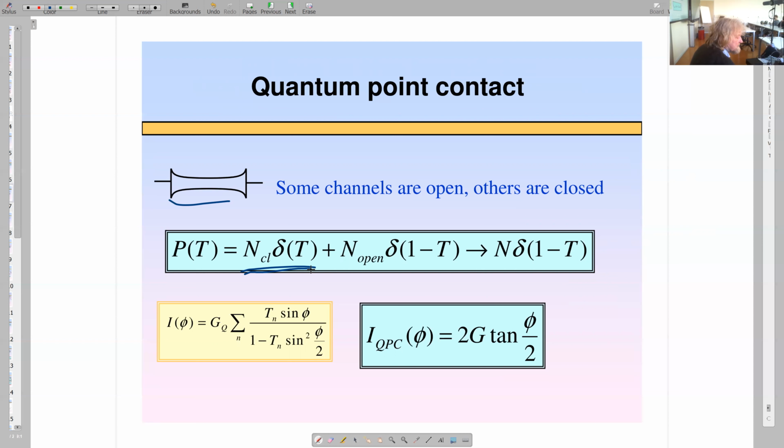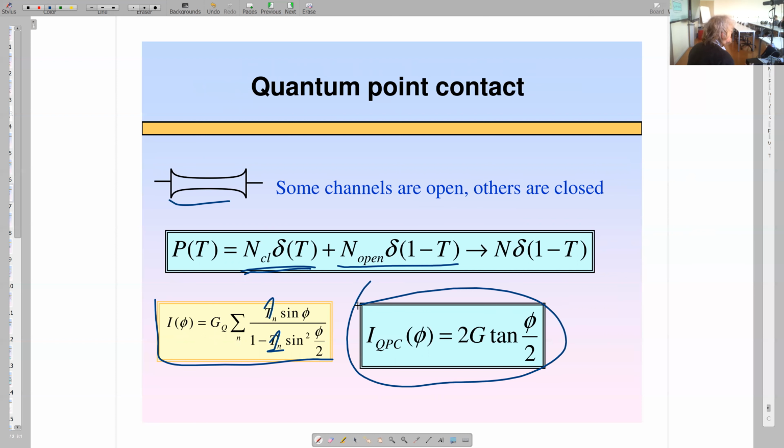They don't contribute to quantum transport. We care about open channels, which give the conductance of quantum point contact. All right, so we take this formula, we substitute one here and here. Good, just some function. This is a non-linear function. Pay attention to this.